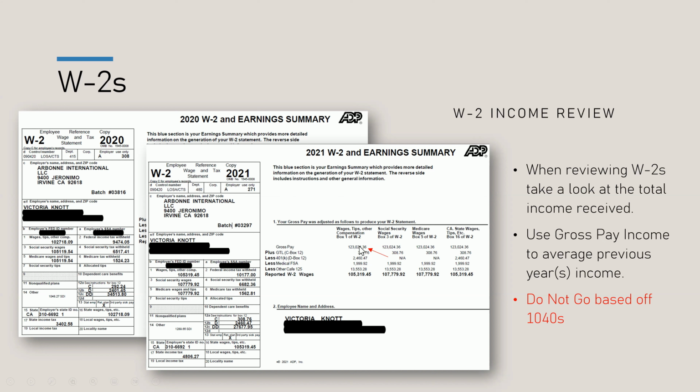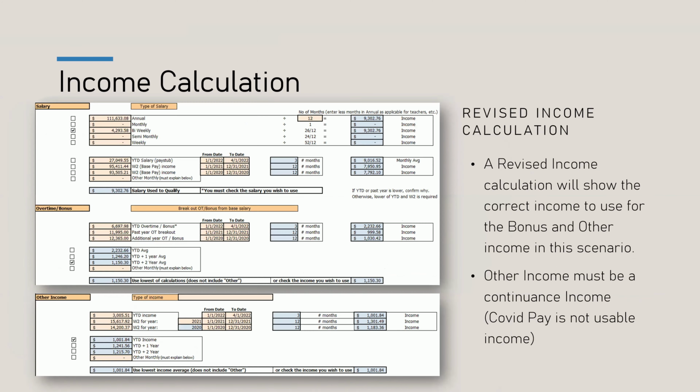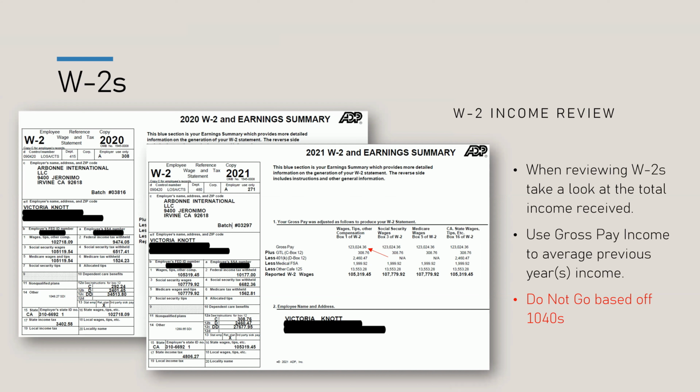So that's one thing you definitely want to do when you're getting your W-2s: make sure it matches, because your underwriter is going to question it. This is a full W-2, which gives you a full breakdown. A lot of the times, all you get is this portion here.